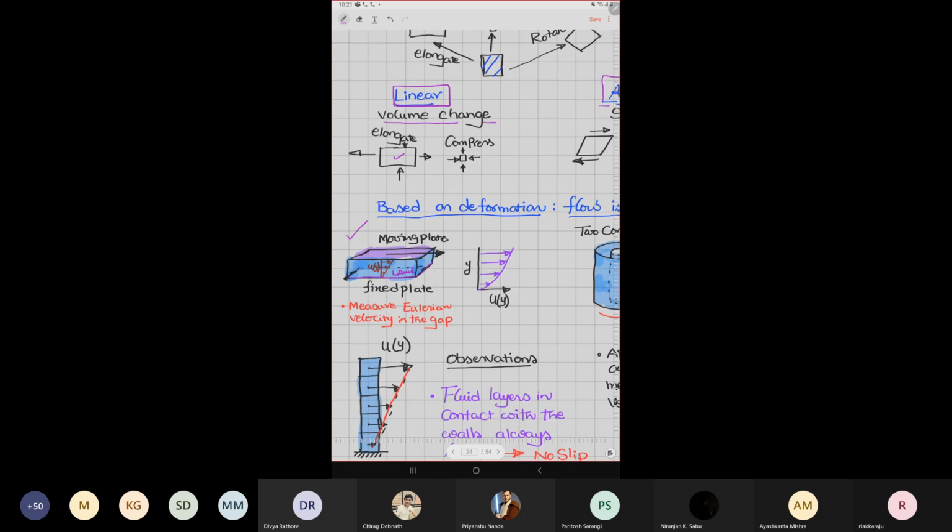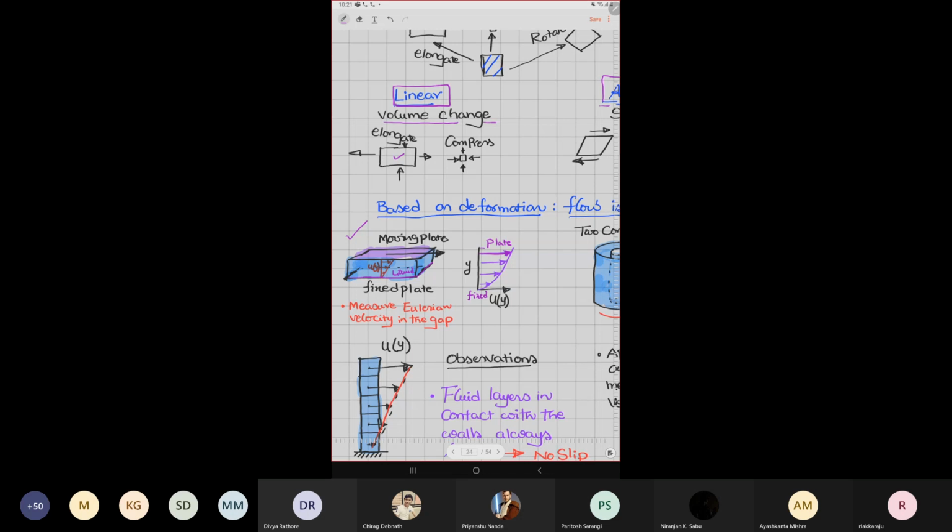What people have observed is there will be very high velocity near the moving plate side and very low velocity on the fixed plate side. And further, what they have observed is the fluid in contact with the plates always acquires its velocity.